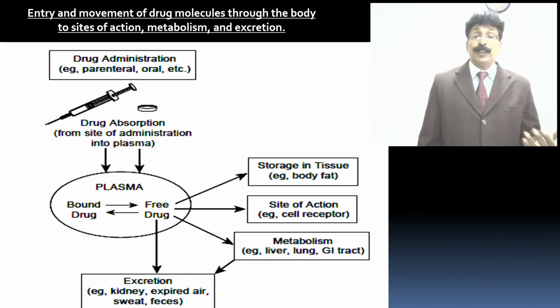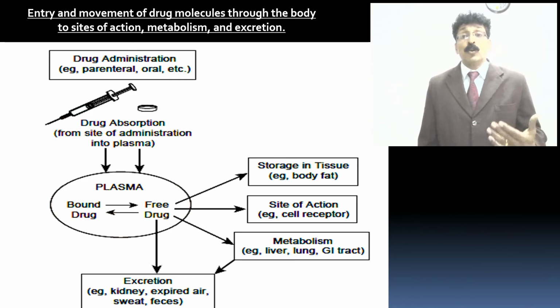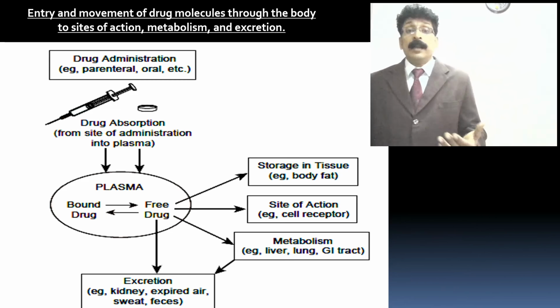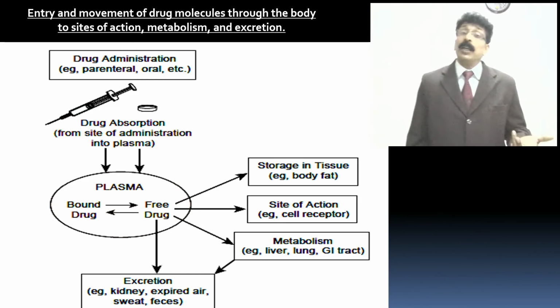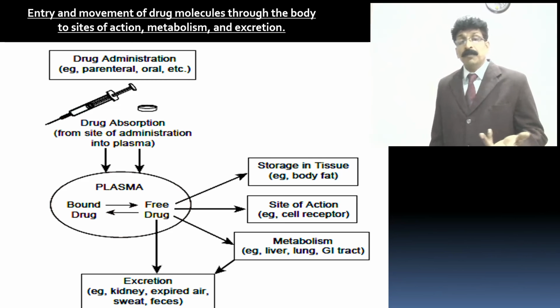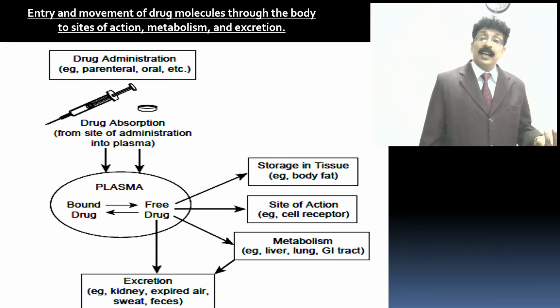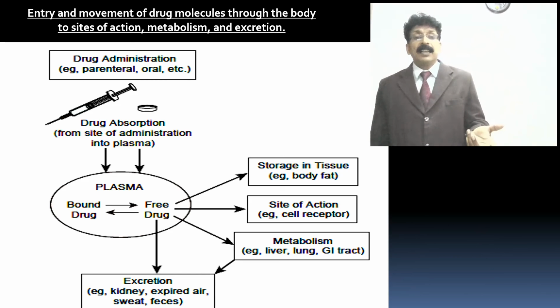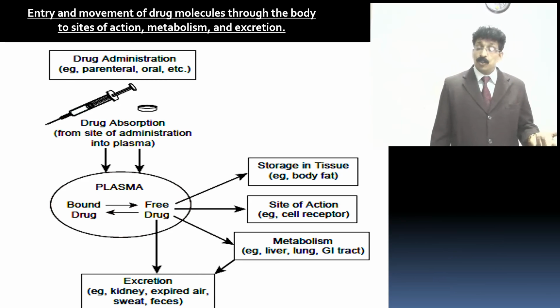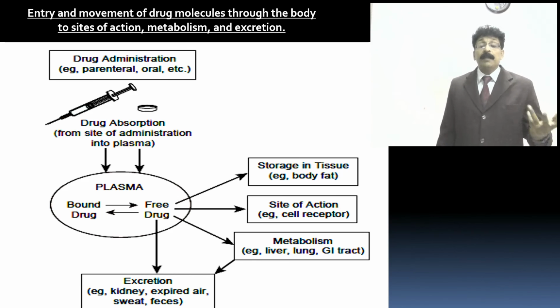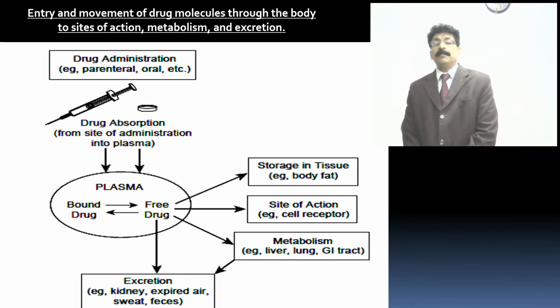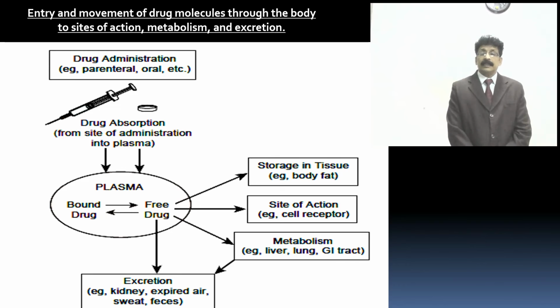Then the free drug will enter storage in tissue and the site of action, and undergo metabolism in the liver, lungs and GI tract. Excretion can be by the kidney in urine, expired by air, sweat through the skin, and feces through the rectum by the large intestine, GIT tract.